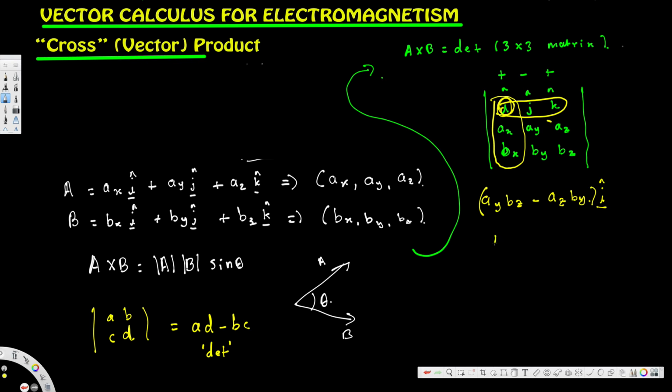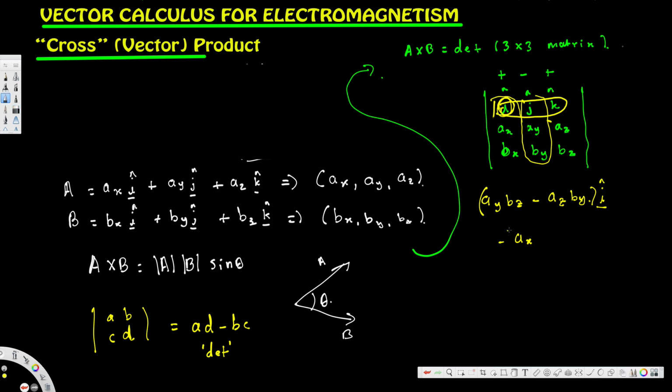We do the same thing for the j component. When we take j, we eliminate all the vertical and horizontal parts of j, and we are left with these four. That gives us ax bz minus az bx, but for the second one we have to put a negative sign in front, because of plus, minus, plus.